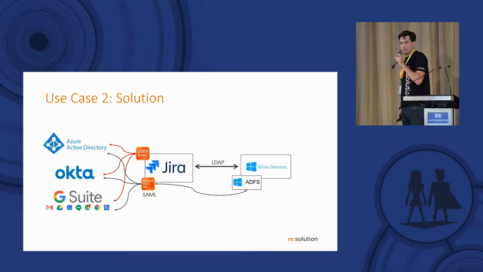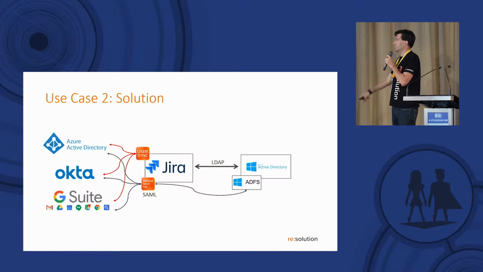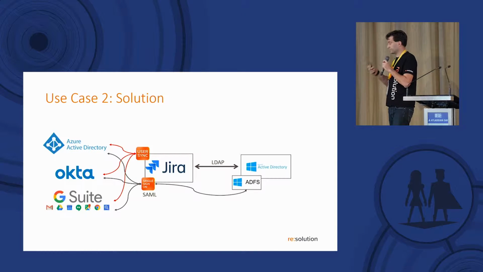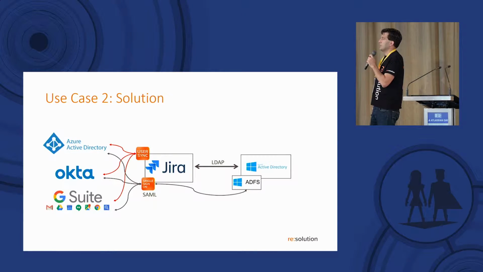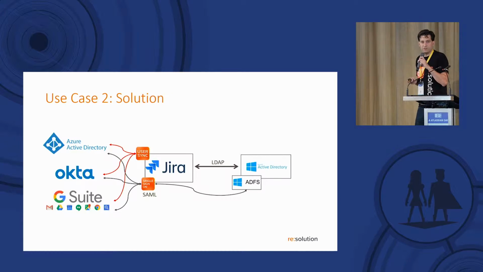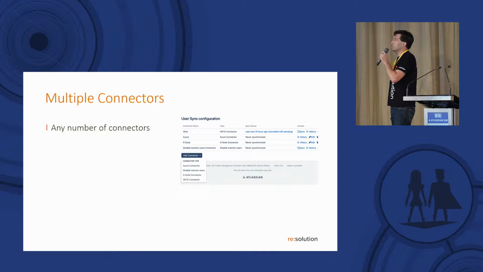And you have SAML for authentication. There's a special thing about Active Directory. You can put it in a service called ADFS, which is part of the Windows system, which talks SAML based on Active Directory data. So this can also bring you this single sign-on functionality for your on-premise users. So you can have any number of connectors in the system.